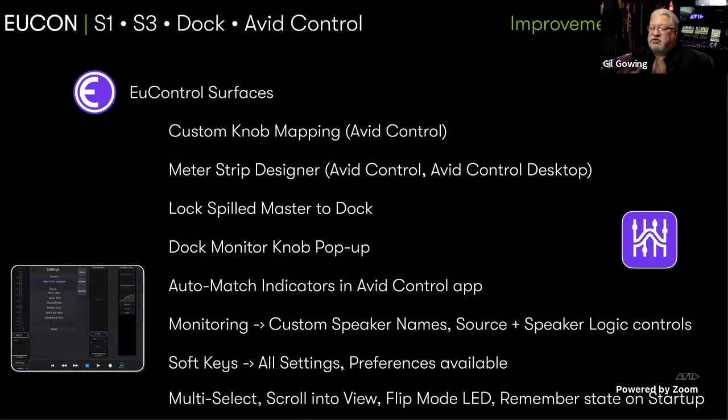So just like Jeff showed with the S4 and S6, we also have custom knob mapping for our smaller format surfaces, and it's really cool what we can do there. We have the knob mapping. We don't have the fader mapping on the smaller surfaces, but there's lots we can do with the knob mapping and how that all works.